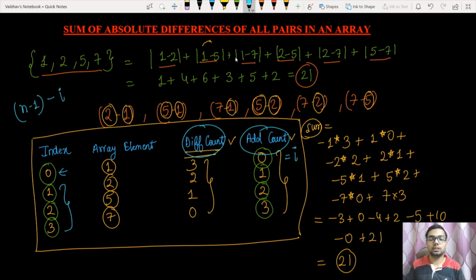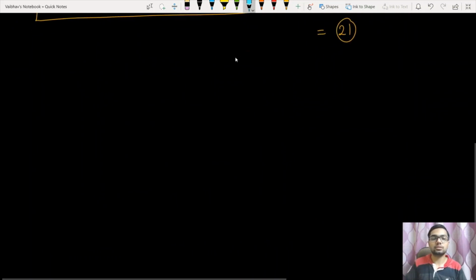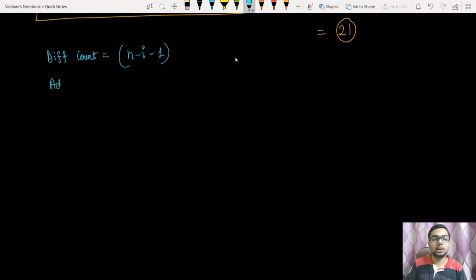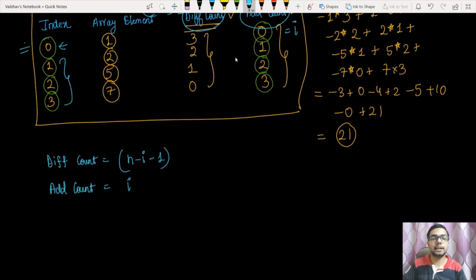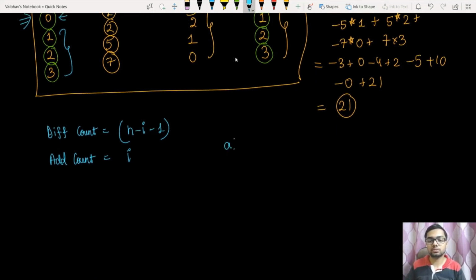So I can write this as n minus i minus 1. So my difference count would become equal to n minus i minus 1, and my add count would become equal to i.